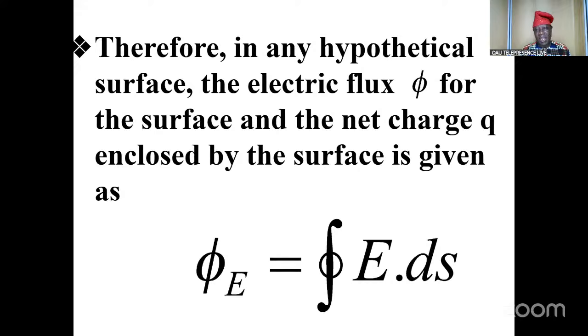Therefore, in any hypothetical surface, the electric flux represented with phi for the surface and the net charge Q enclosed is given as phi E equals the closed integral of the electric field dot ds.